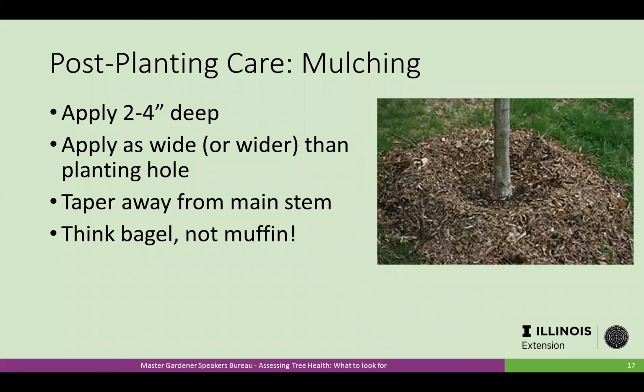So when a new transplant is put in the ground, what you're wanting to do is approximate the size of, if you look down a bird's eye view at that tree, you want to have your mulch as wide as that canopy's circle, plus 2 or 3 inches wider.